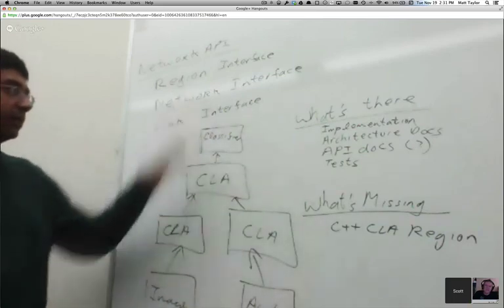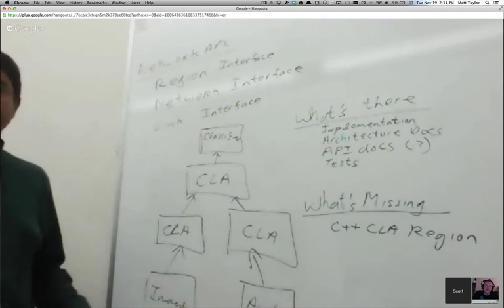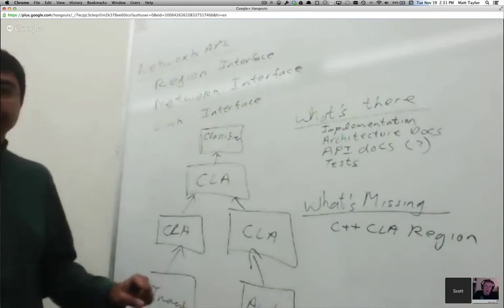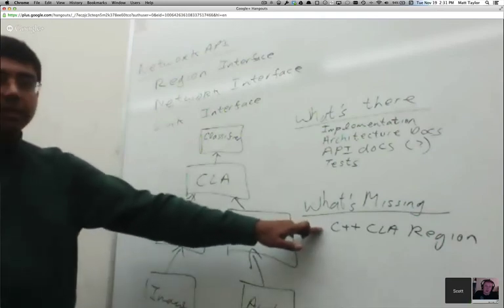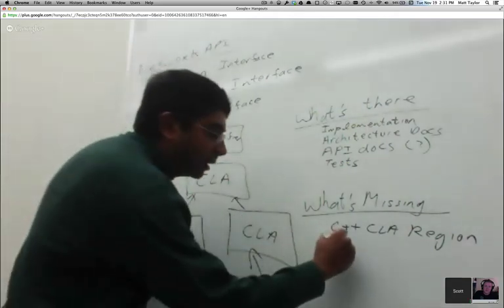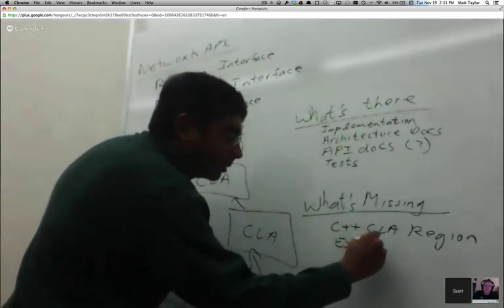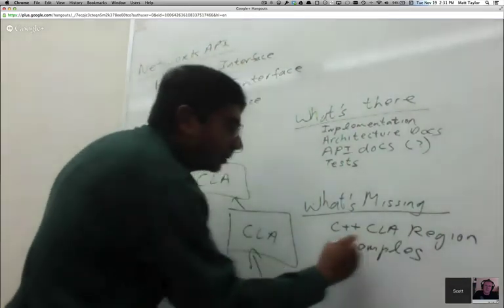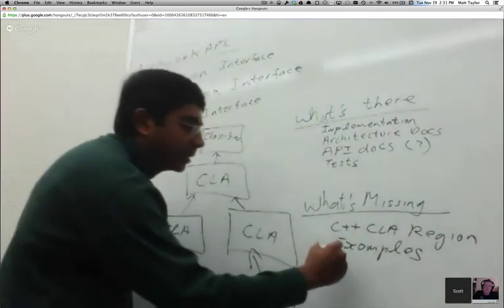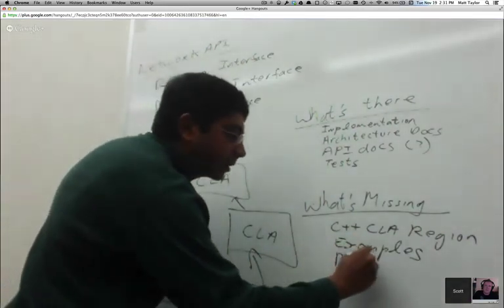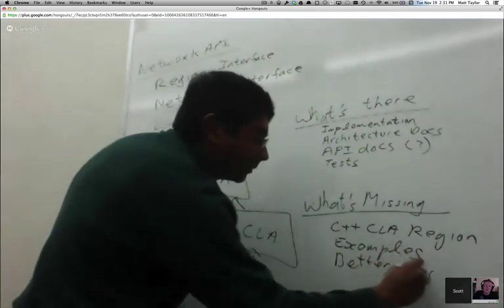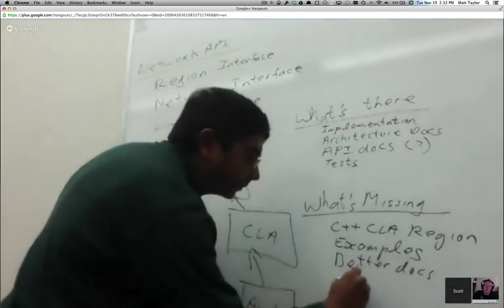Without that, this thing is useless from C++. So that's probably the biggest thing that's missing. And then good examples, and better docs. I would say published API docs, not just in the code.